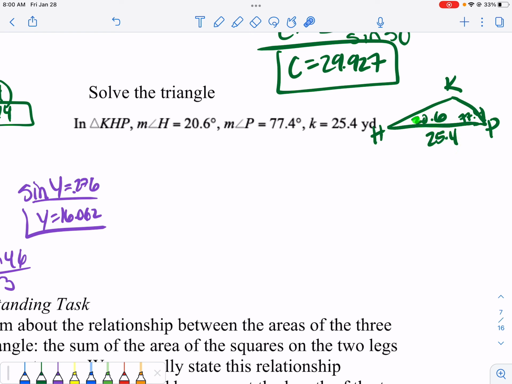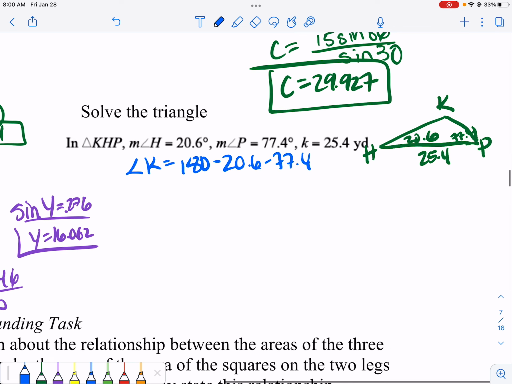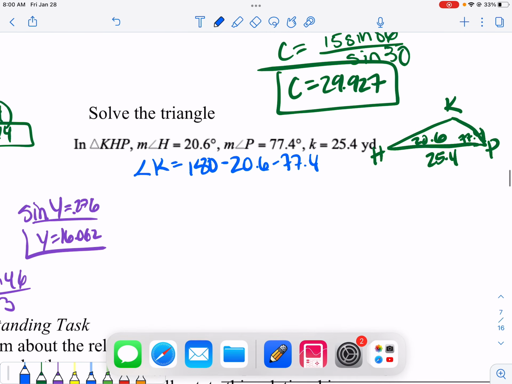But notice I've got these two angles, which means that we know there's 180 degrees in a triangle, so I can find angle K. So the first thing I'm going to do is find angle K by doing 180 minus the 20.6 minus the 77.4. So I need to use that piece of information to get to my law of sines.